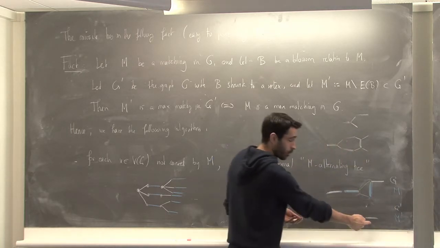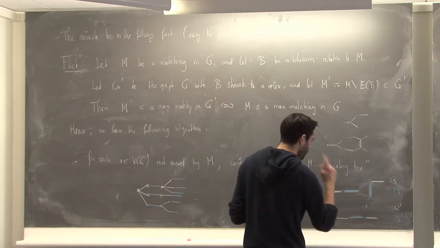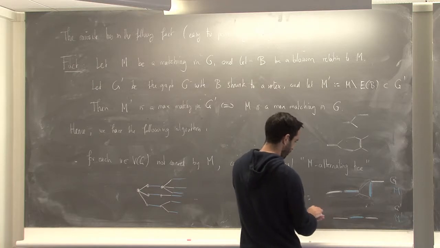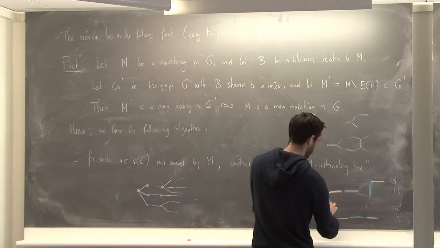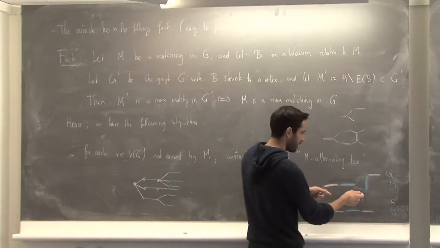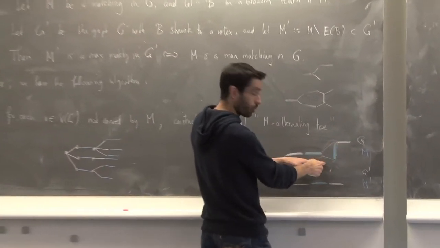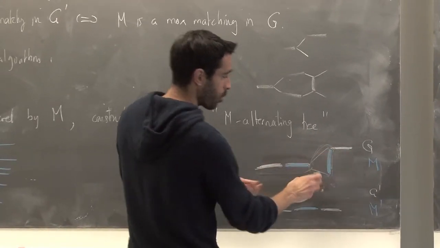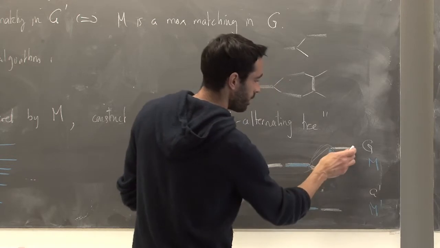Okay, this is an M augmenting path, right? So you remember it, and then you look up here, and what do you have? You have this edge here, you have this edge here, and you have this edge there, and you see that there is a unique way to go in the blossom. You just go through this direction here to find an M augmenting path for G, and it's this thing here.